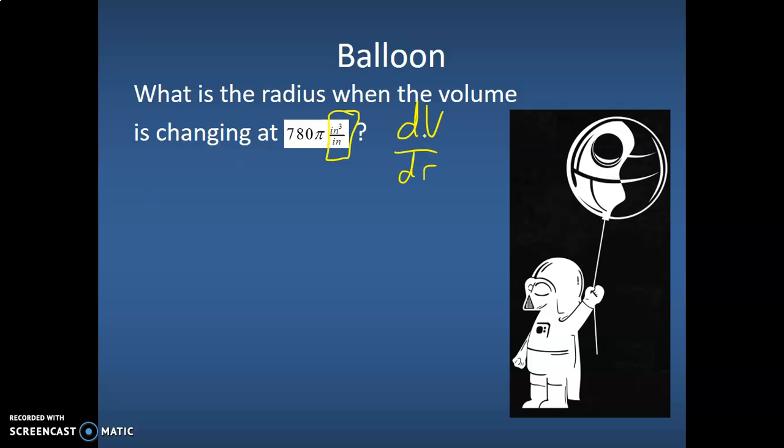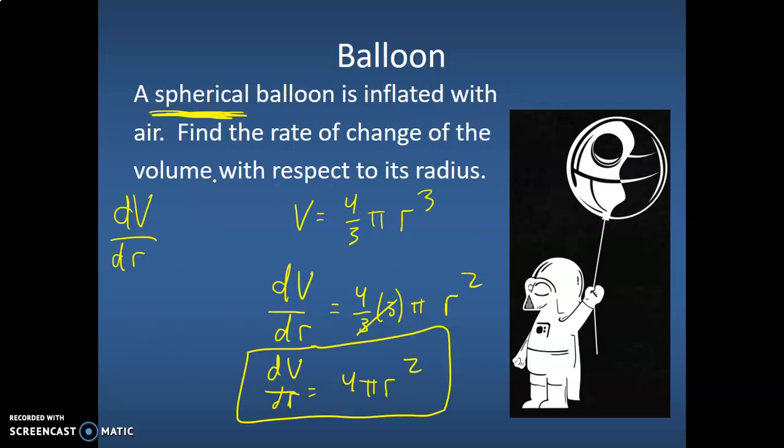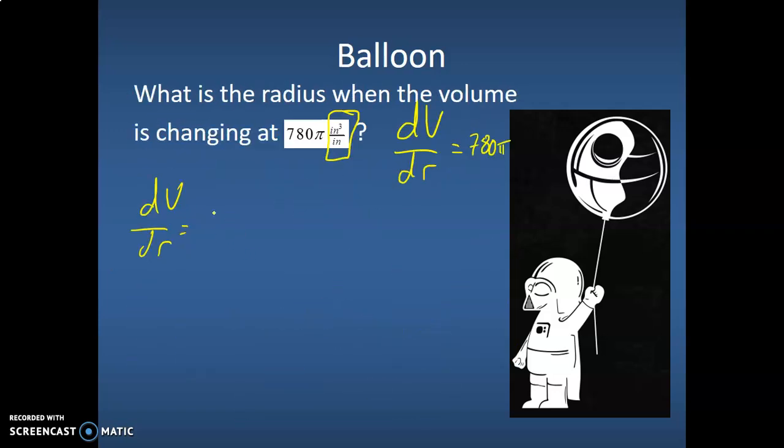So they're telling me that dV dr is 780 pi. Now I have a formula for dV dr, 4 pi r squared, and I want to know when that's equal to 780 pi. So what is the radius when this rate is equal to that?